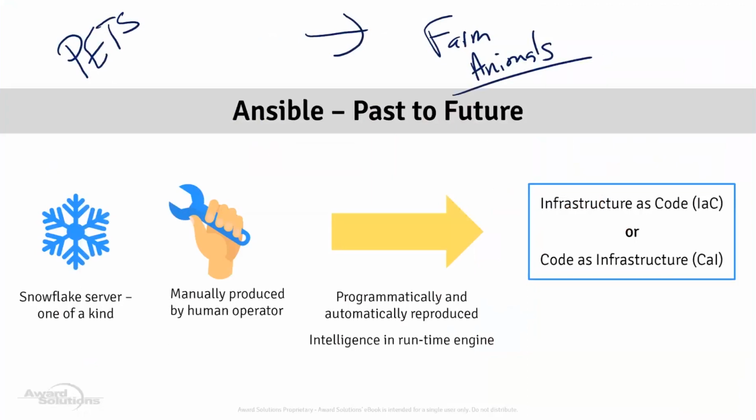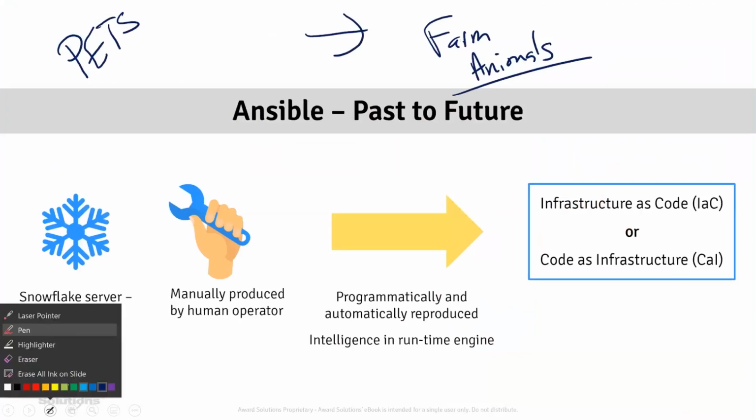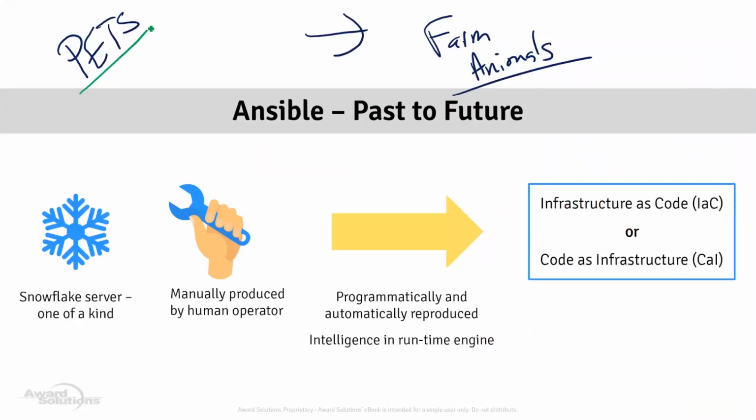If you had a server, you typically named your server. So you gave it a name. If it got sick, you took care of it. And you nursed it back to health, and everything was fine. So every server was unique.